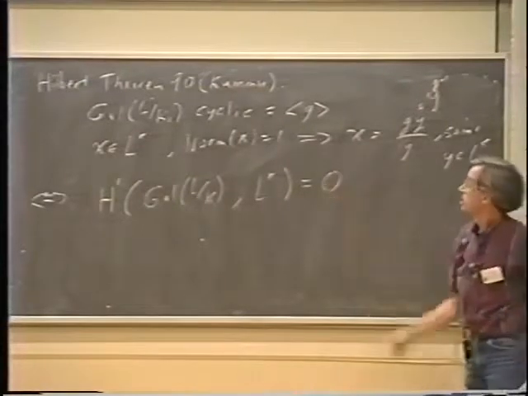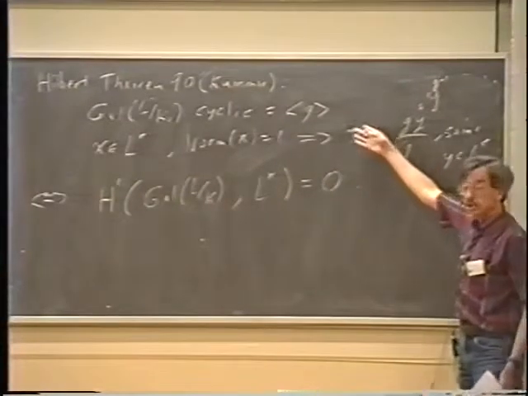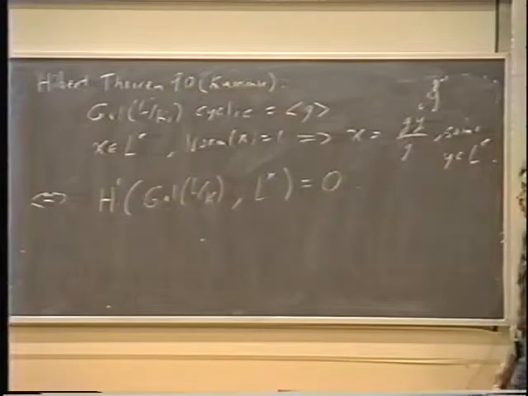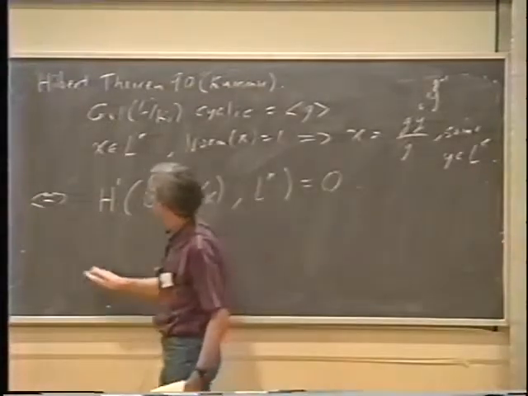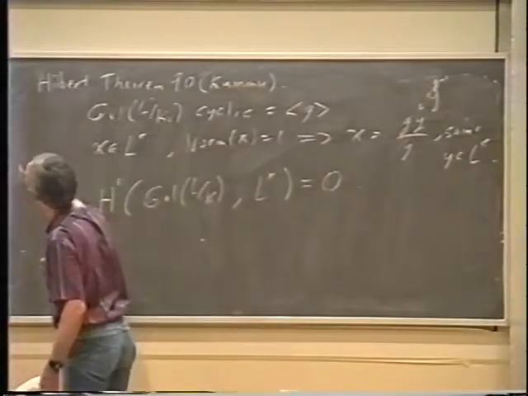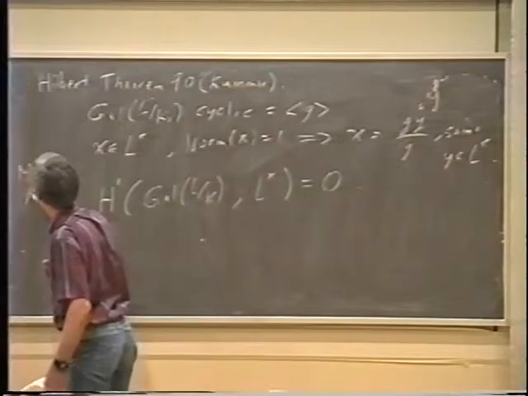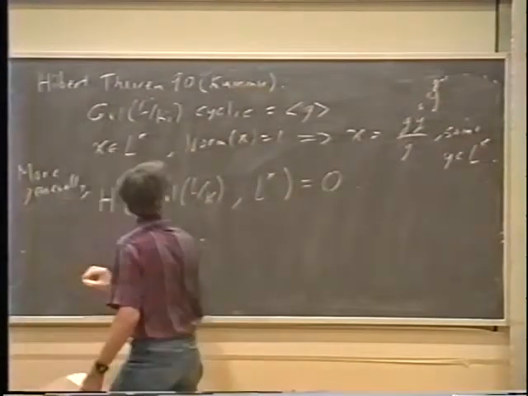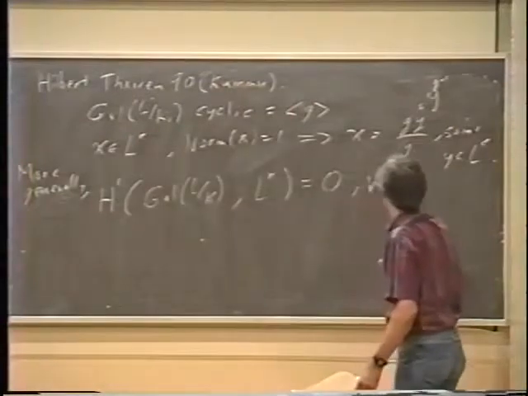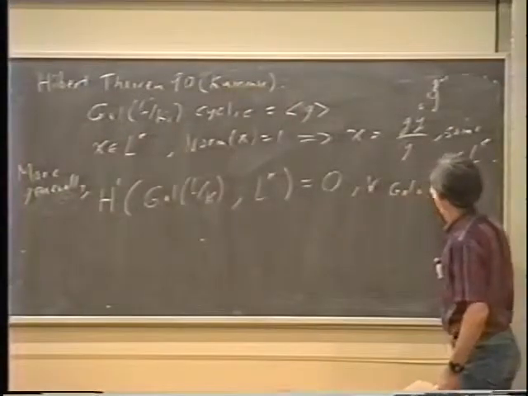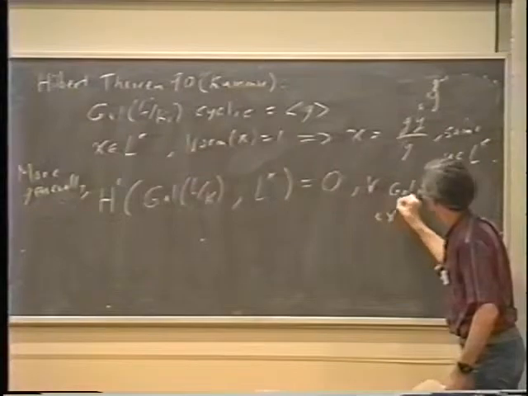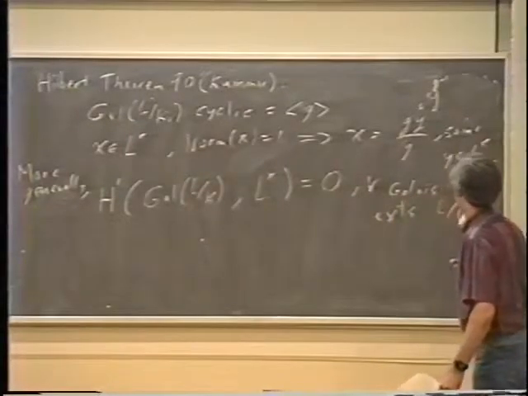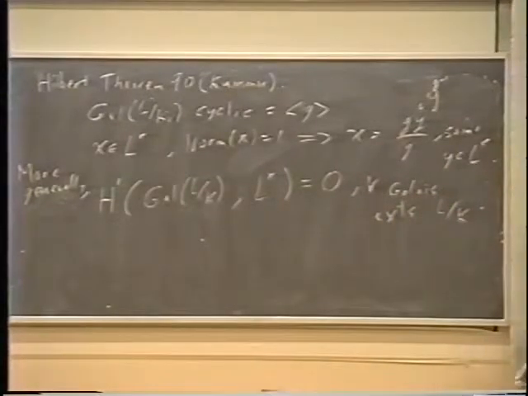So really, Hilbert Theorem 90 is just a cohomology calculation. In fact, more generally, this equals 0 for all Galois extensions L over K, even infinite if you want.